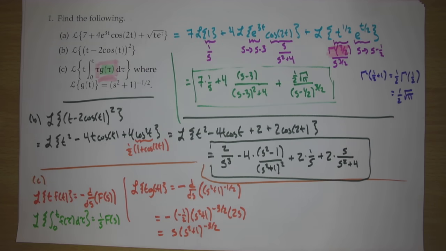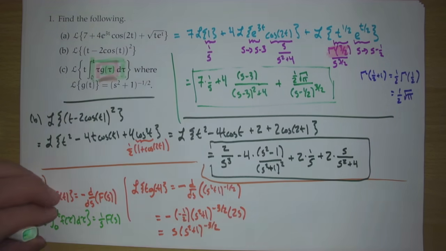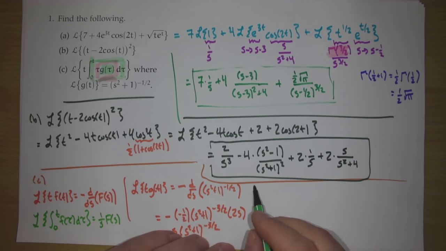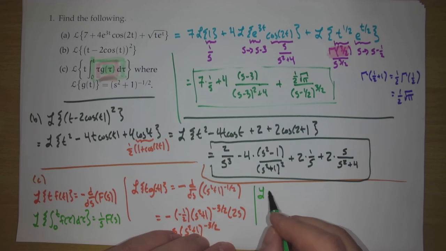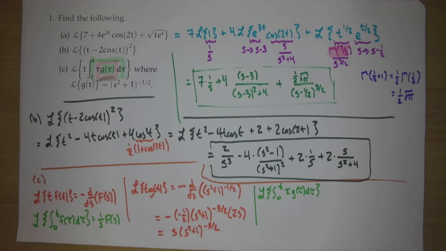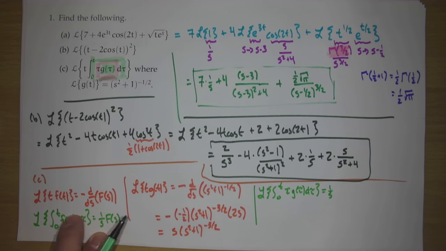Now, are we ready for our next layer? Let's do this integral. What can we say about the Laplace transform of the integral 0 to t of tau g of tau d tau? What's the rule tell us to do? There's a 1 over s, and then you multiply that by the Laplace transform of what's on the inside of your integral.